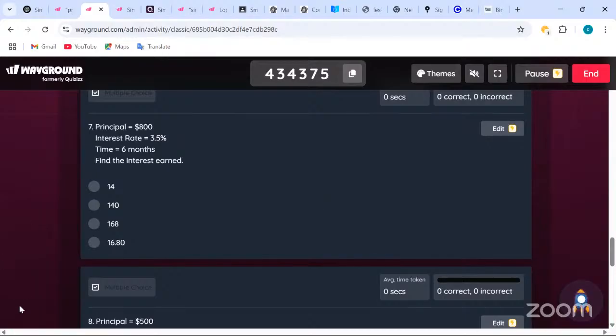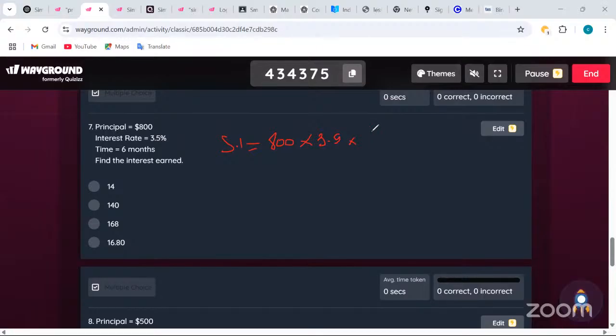Simple interest, SI, is equal to 800 times, what's our rate there? 3.5, right? 3.5 times our time, which is 6 months.